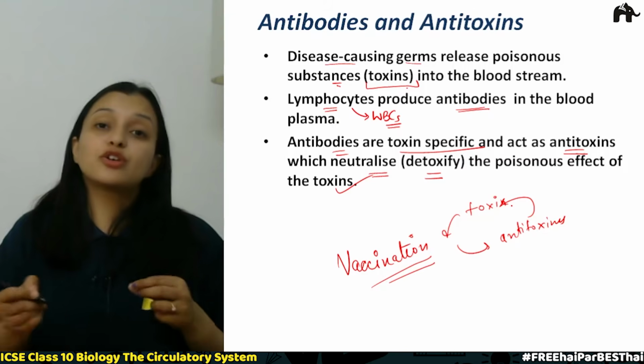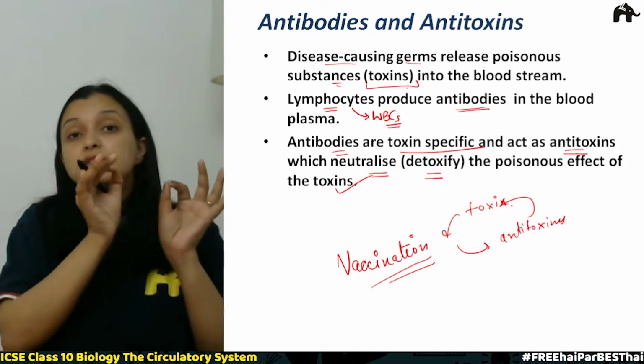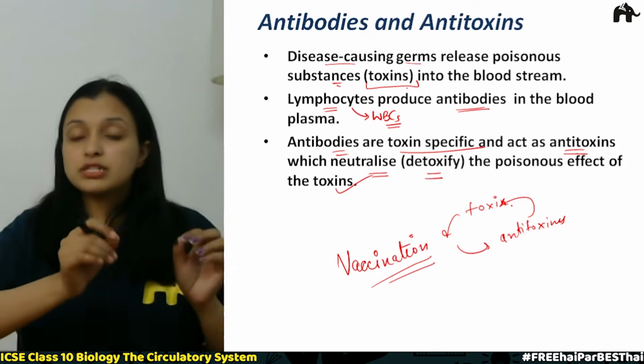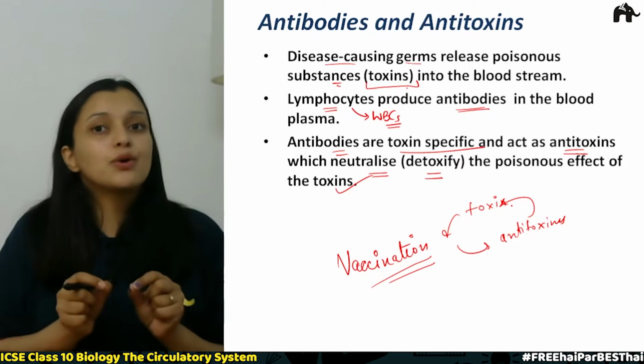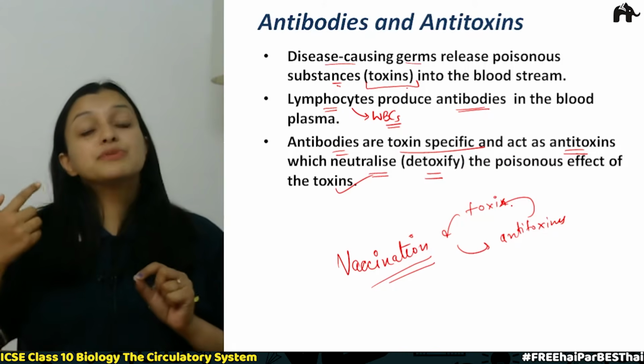These antitoxins or antibodies are specific for these toxins. Our body produces specific antitoxins for a particular toxin, and once our body has encountered any toxin, our immune system keeps a memory of it.